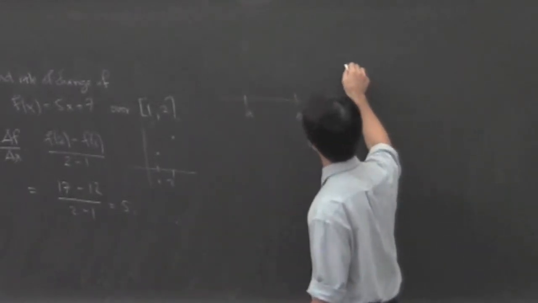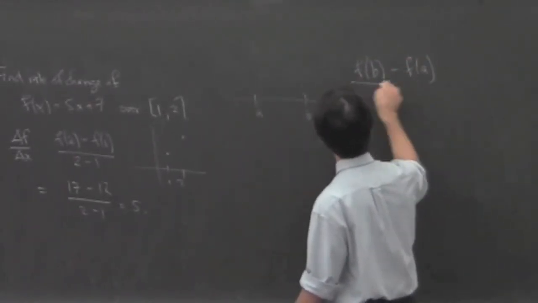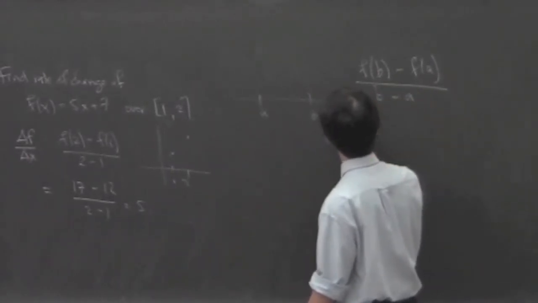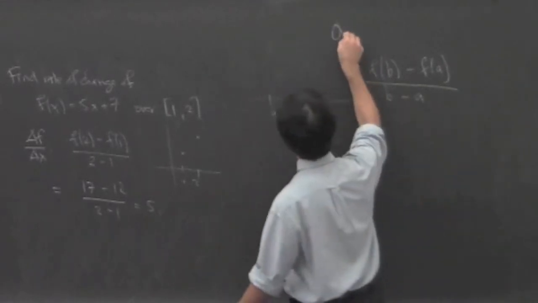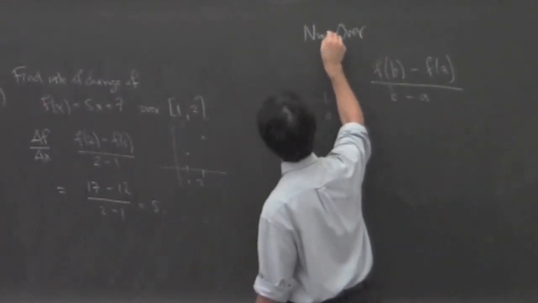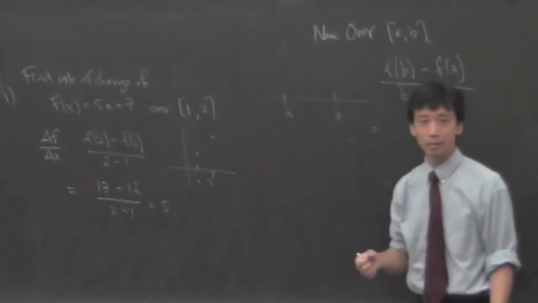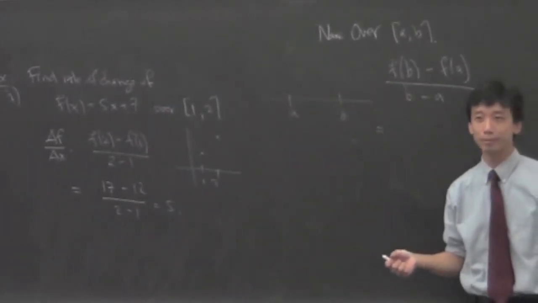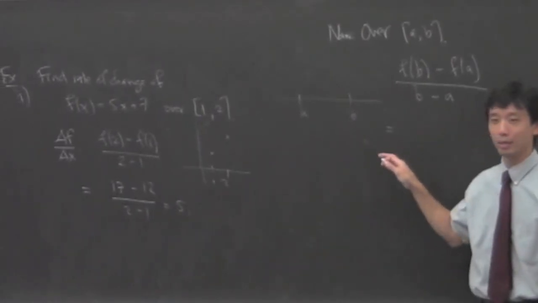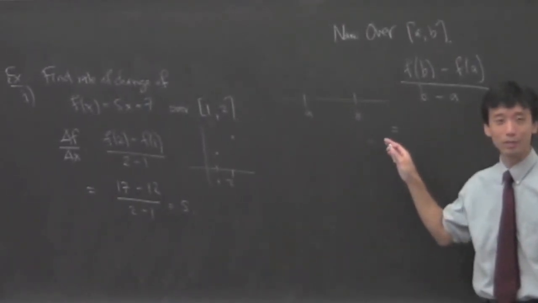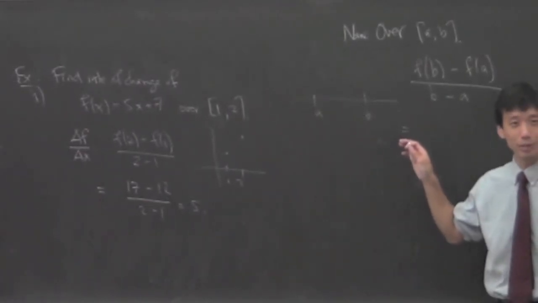So then we have f of b minus f of a over b minus a, over just the interval a, b, where a can be some number and b is some other number. What happens then?